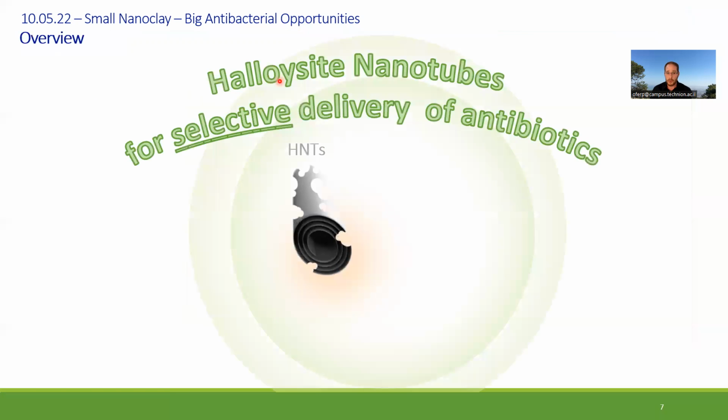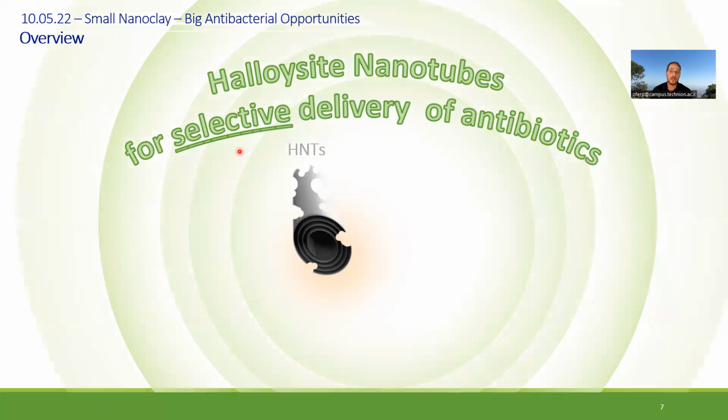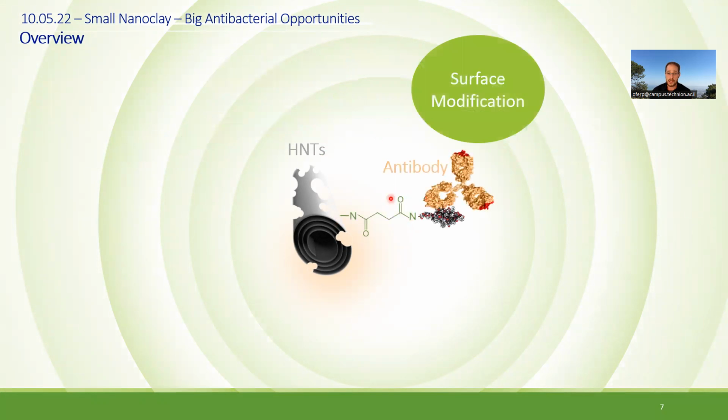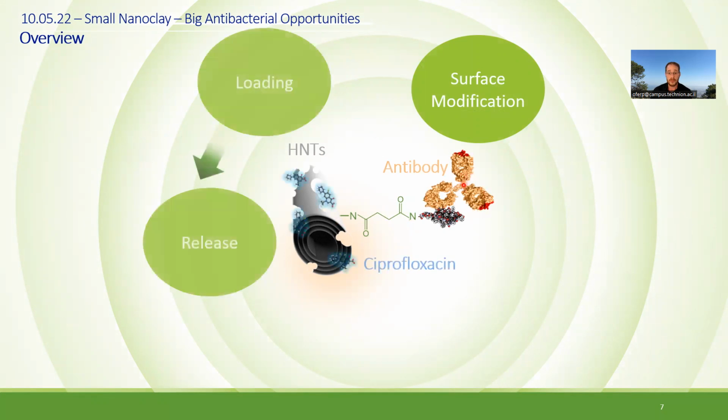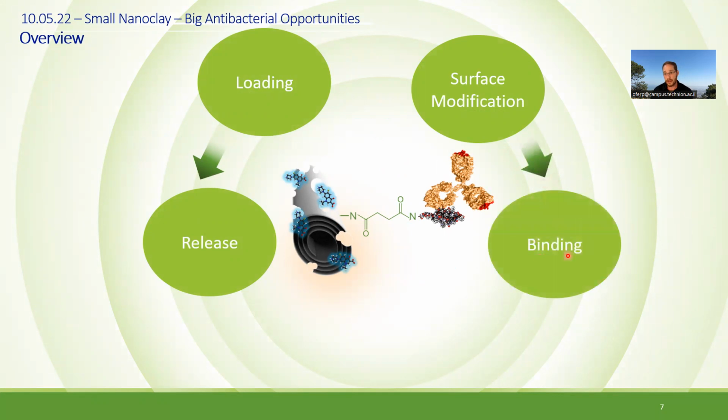The design we propose to use HNTs for selective delivery of antibiotics is to equip their surface with antibodies and load them with the potent antibiotic ciprofloxacin, then investigate the binding capabilities of these modified HNTs.